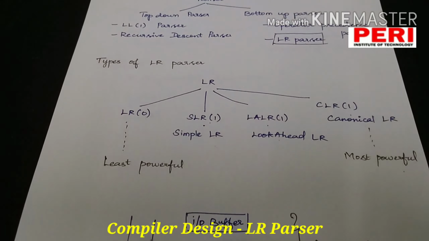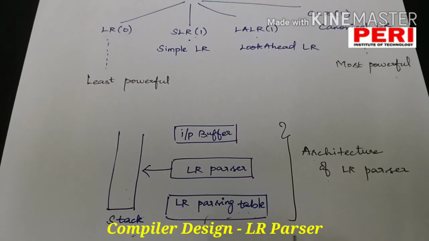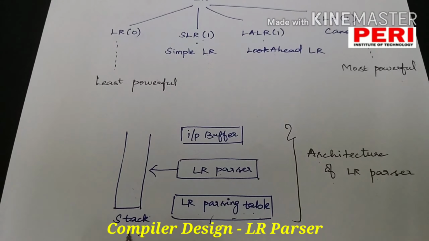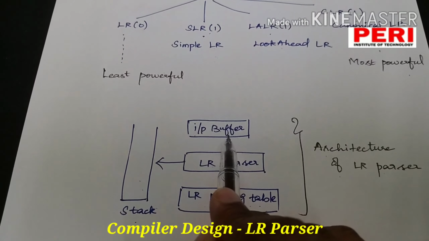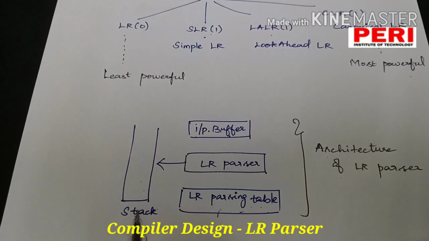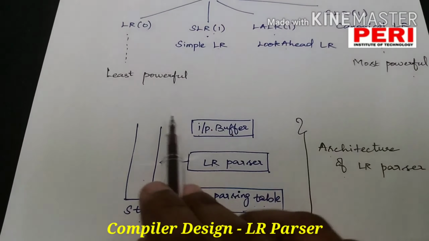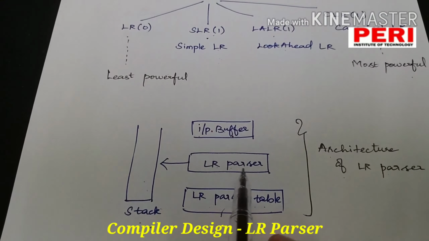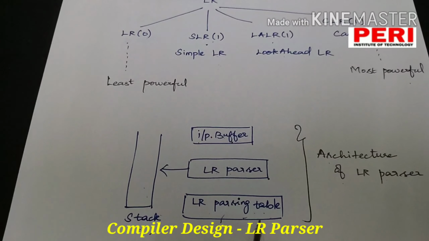The next is the architecture of LR parser. As we all know, the parser uses a buffer and a stack. Input buffer is for storing the input string, and stack is used for pushing and popping the input string according to the parsing. The LR parser makes use of an LR parsing table.